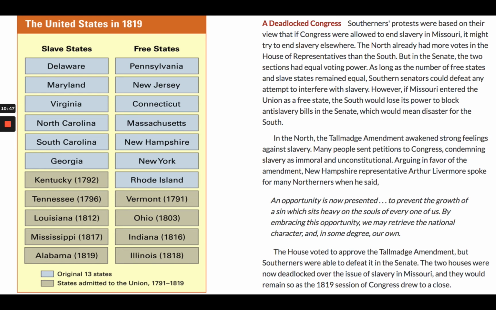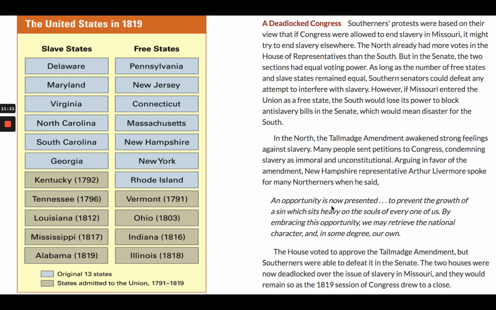By embracing this opportunity, we may retrieve the national character and, in some degree, our own." Great quote there, saying that if we can try to end slavery now, we might be able to save American history from disgrace.